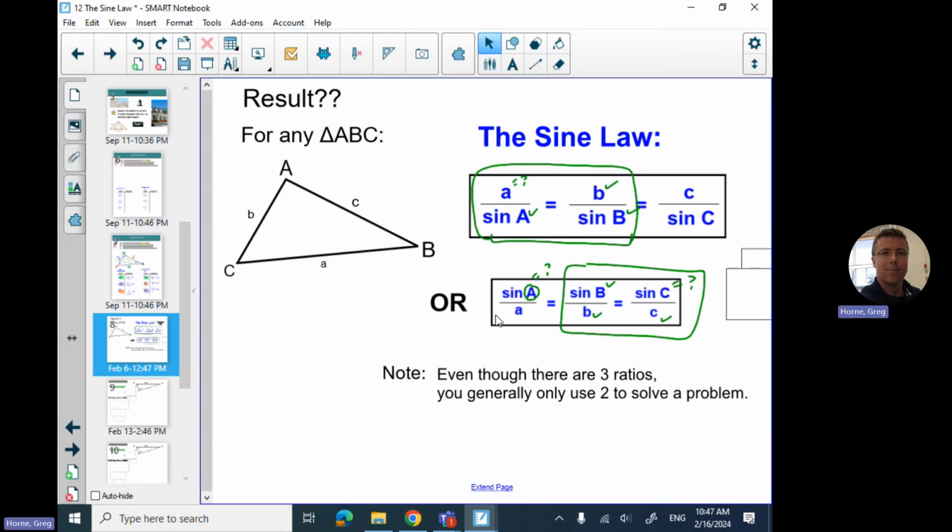And that's how it's going to work. And again, if you're asked for angle C, start with sine C and work out the rest of the ratio set. If you're asked for A, start with it on the top, kind of like we did for the ratios with similar triangles.